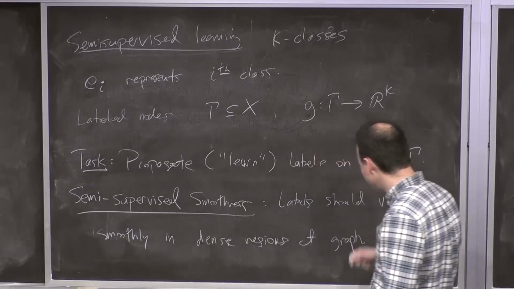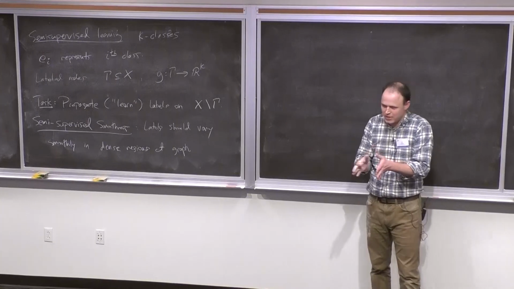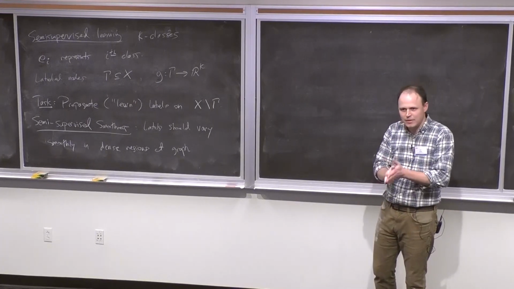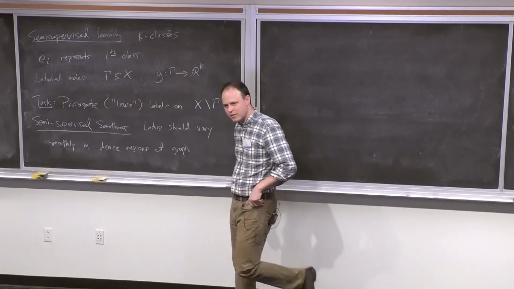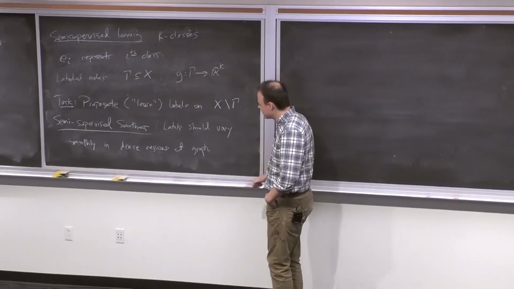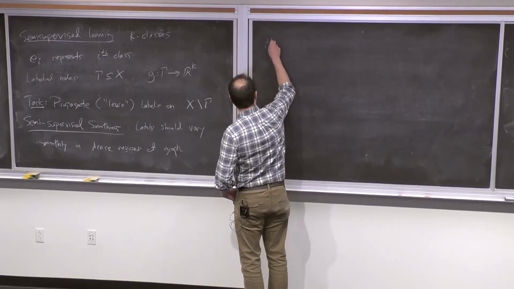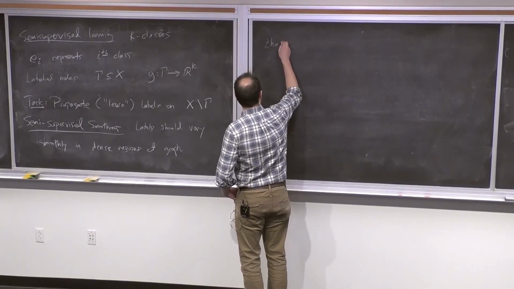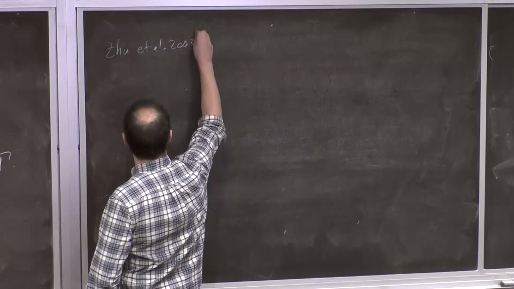Okay. So you don't want to say smoothly everywhere, because if you have some outliers or some sparse data, sparse area, you want to allow the label to change rapidly in these areas, but it should be changing smoothly if you're within clusters or something. This is still some heuristic, but one of the oldest ways to implement this is Laplacian learning by Zhu, Ghahramani and Lafferty in 2003.